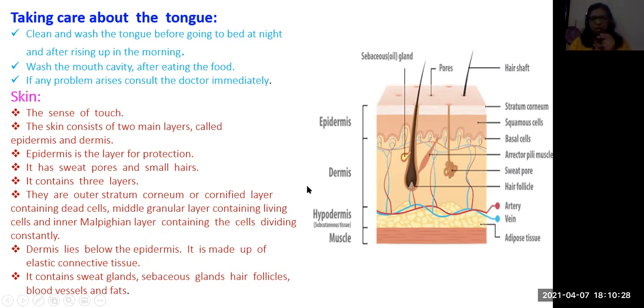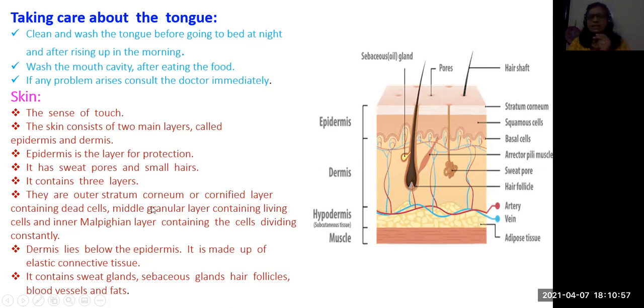There is one more thing we didn't discuss, that is the Malpighian layer. There are two layers: the cornified layer or stratum corneum, here in the epidermis, and the Malpighian layer below it. What is the stratum corneum or cornified layer?